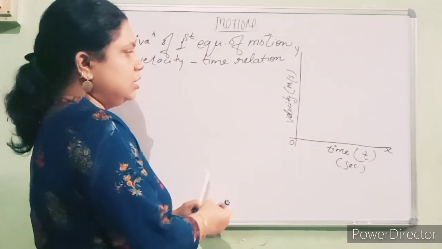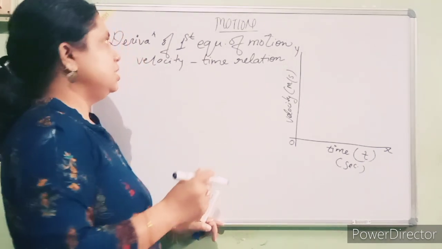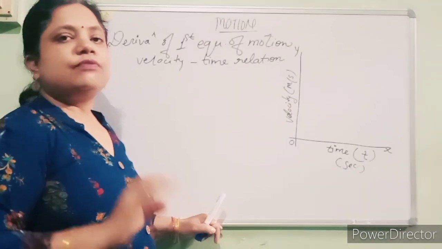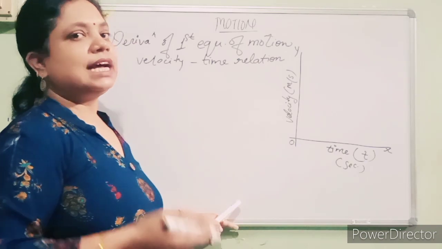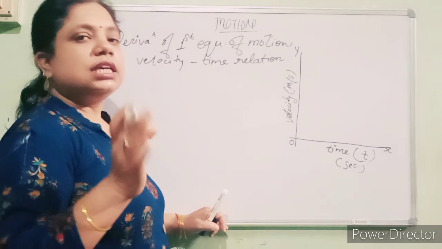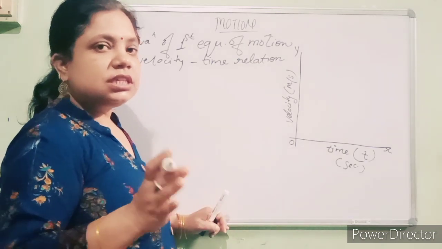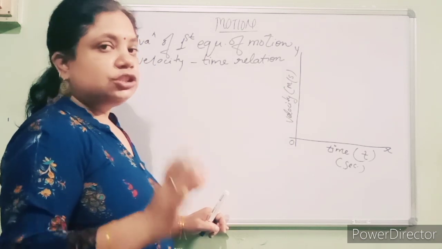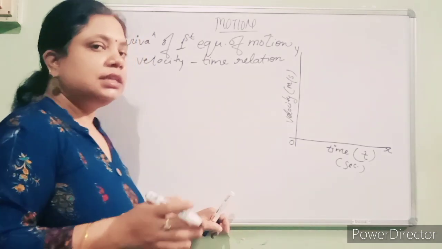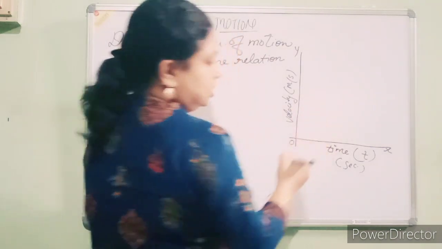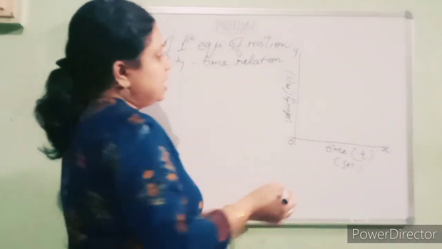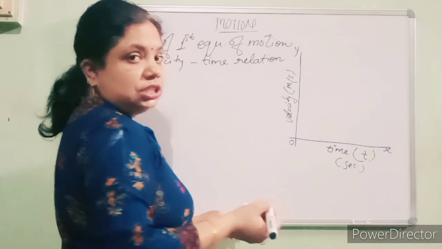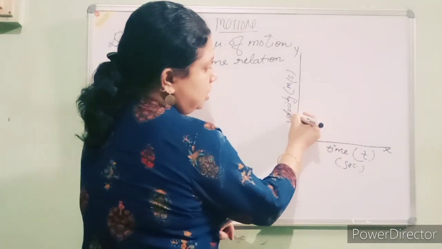Now here students, we see that this is a velocity-time graph for uniform acceleration. Uniform acceleration is represented in the graph by a straight line. We take some initial velocity and start from here.